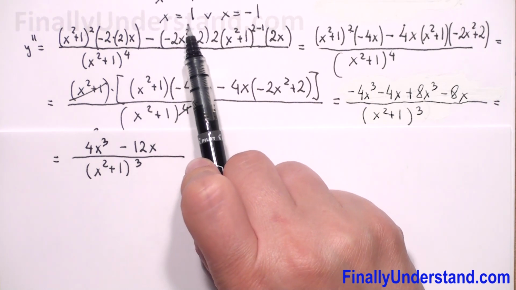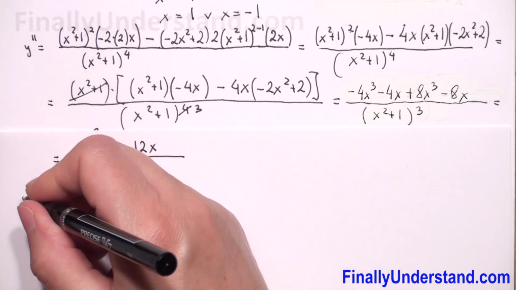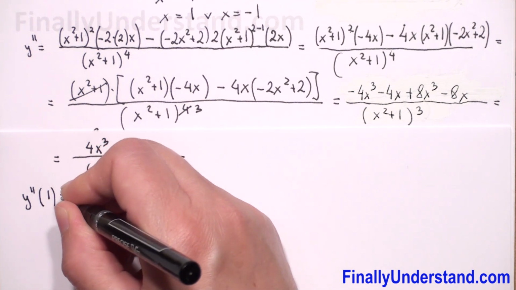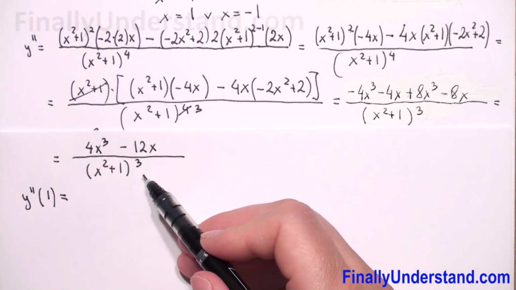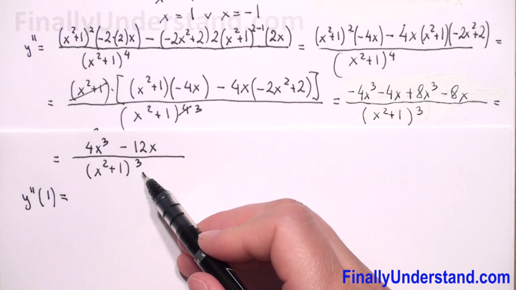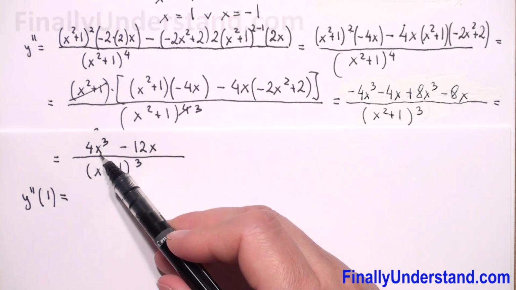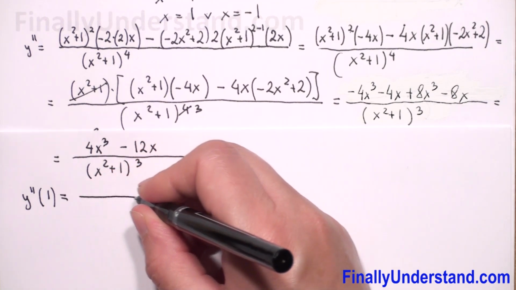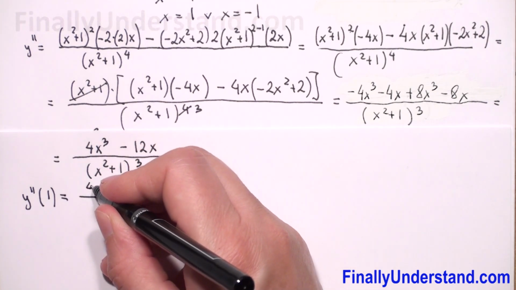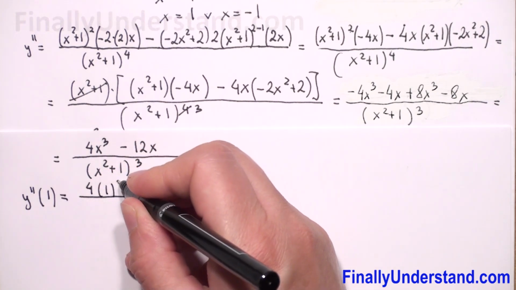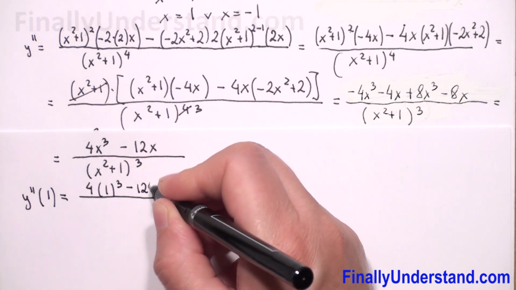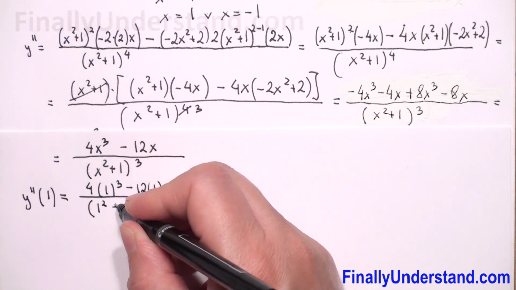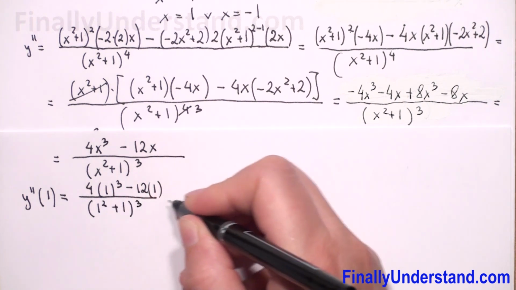So first for x equals 1. The second derivative for x equals 1 is equal to, this is our second derivative formula, so we have to replace our x's by 1. In the numerator we have 4 times 1 to the third power minus 12 times 1. In the denominator we have 1 squared plus 1, to the third power.